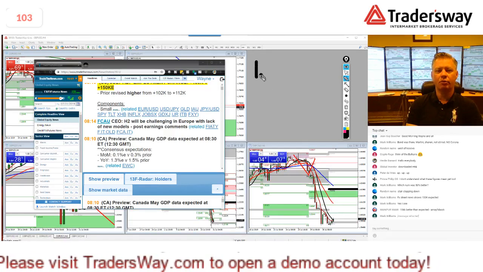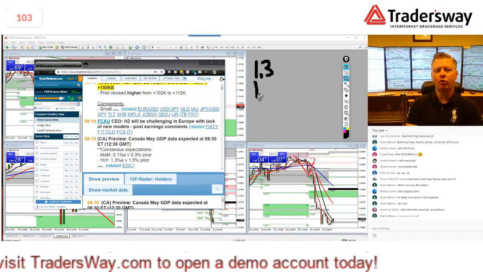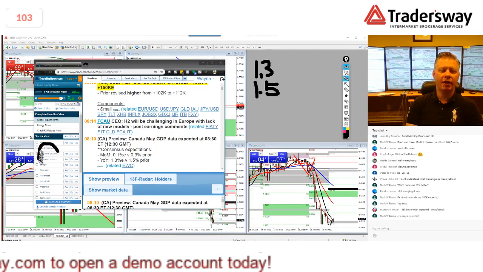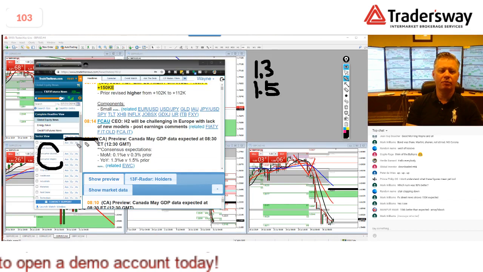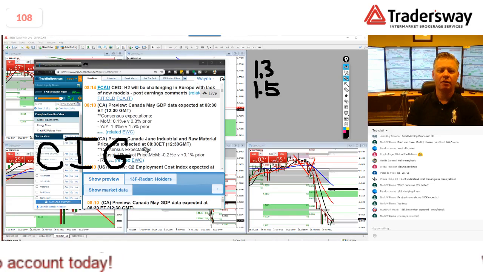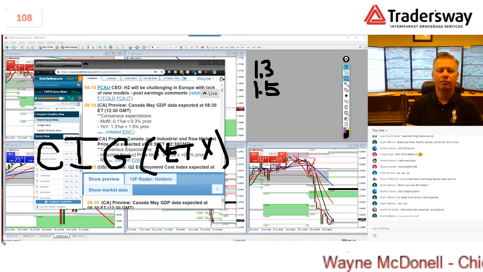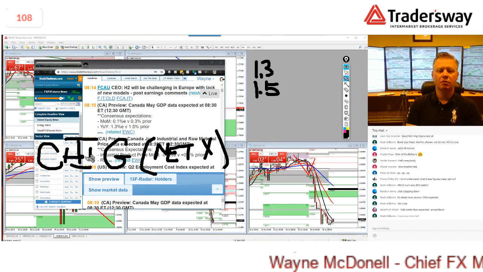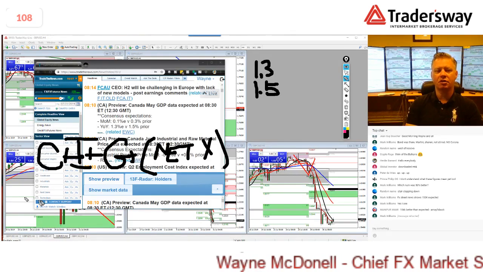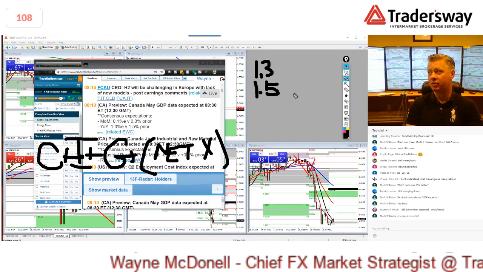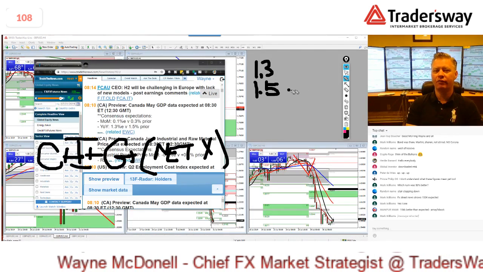Right now they're expecting 1.3, and it was 1.5. For all of Canadian consumption, all of Canadian business investment, all of Canadian government spending, right? And all of Canadian net exports. Okay? Plus, plus, plus. So honestly, do you think they can even truly measure with accuracy the difference between 1.5 and 1.3?